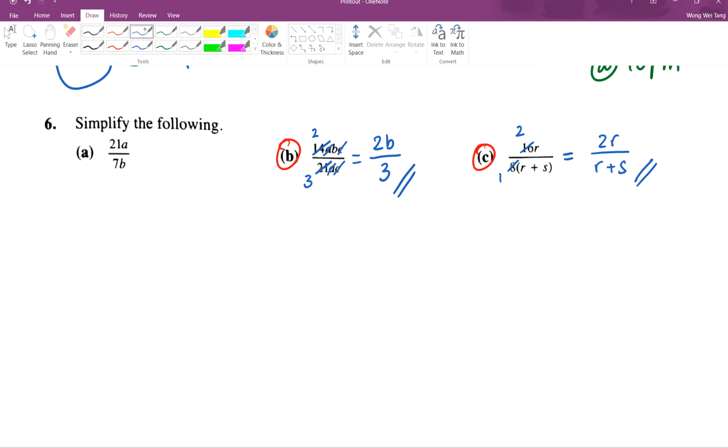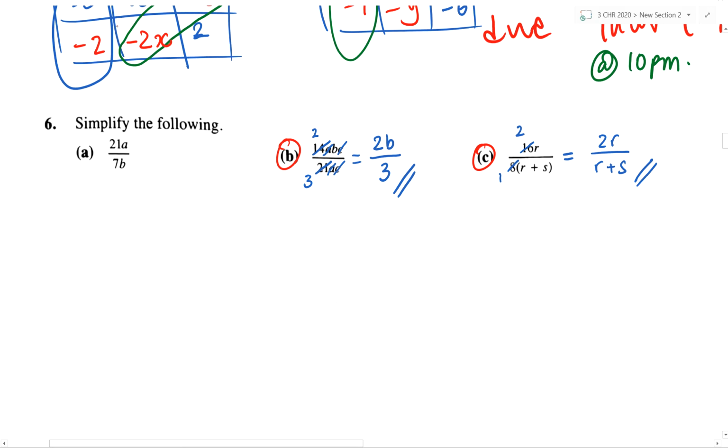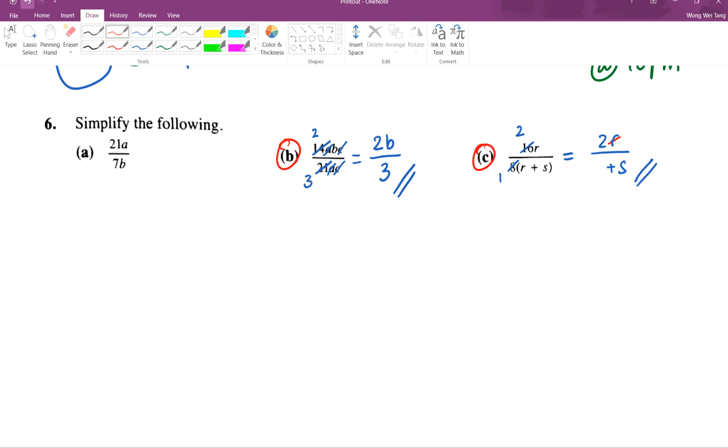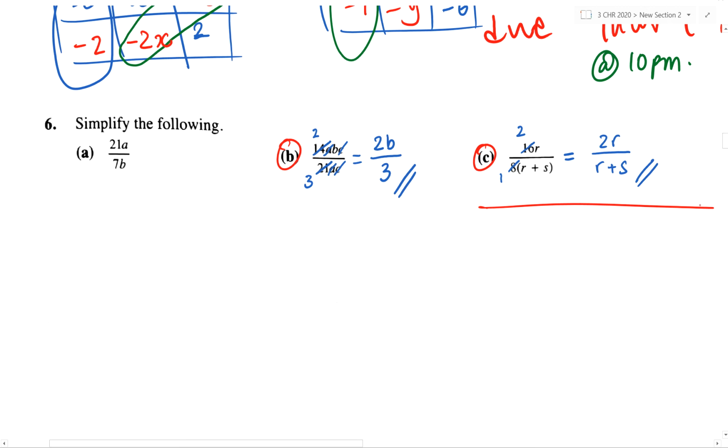I will say again, it is very tempting for us to cancel these two r, but this will be wrong. And I will prove it with the following example. So if we have 2 times 3 divided by 3 plus 5, for example.